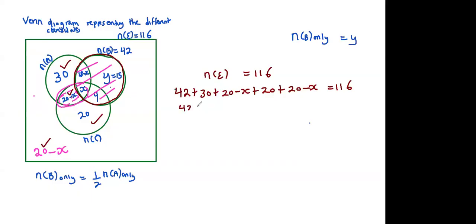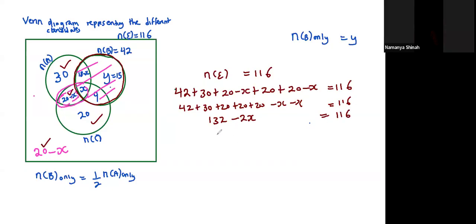So I'll have 42 plus 30 plus 20 plus 20 plus 20 minus x should give us the 116. So you add 42 plus the 20 plus the 30 plus the 20 plus the 20, and it will give you 132. Now, minus x minus x gives us minus 2x equals 116.